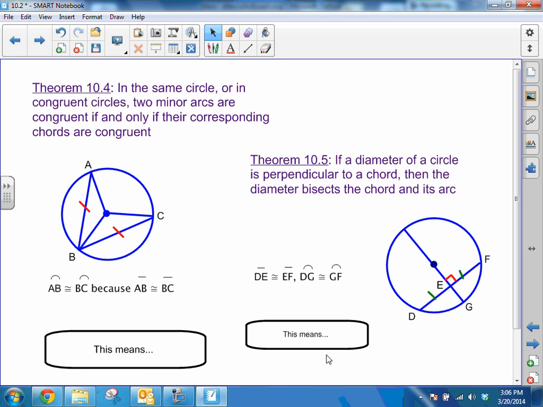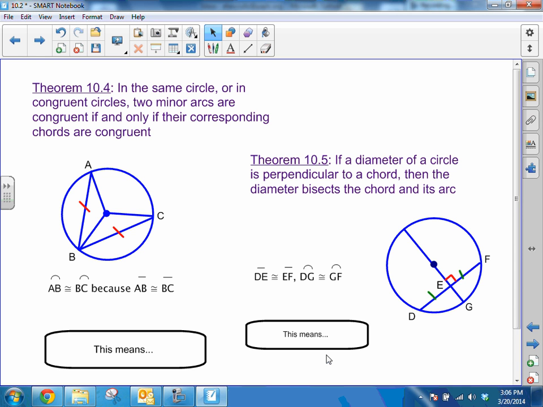You can still use tick marks, yep. So write that symbolic notation up, please. Everybody got the picture?